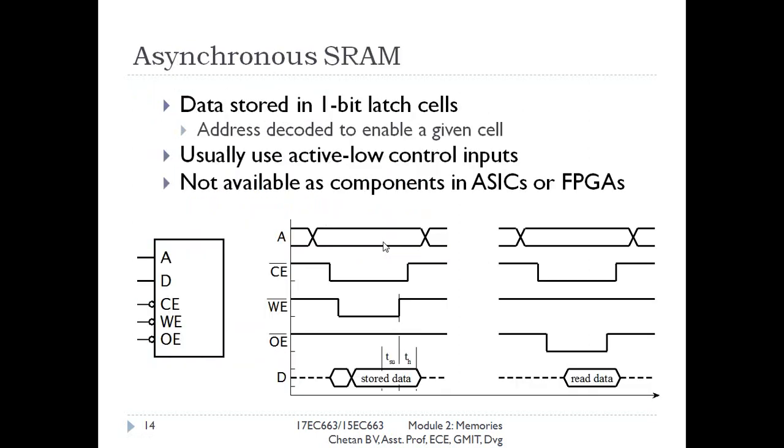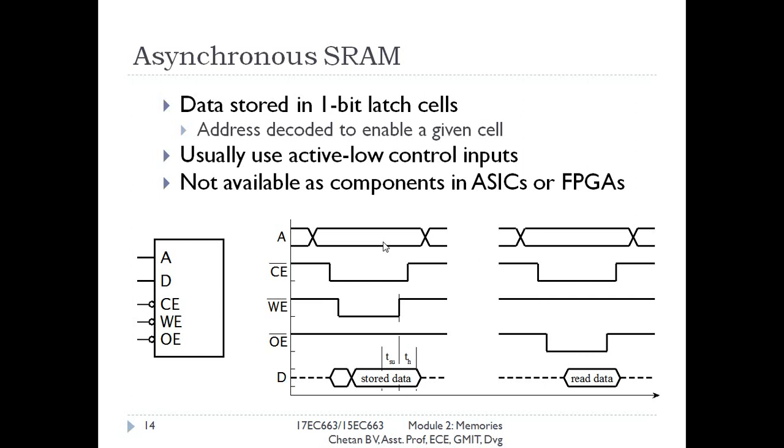First is asynchronous static RAM. As the name indicates, asynchronous static RAM doesn't depend on a clock. It will not work on a clock. The storage cells of this asynchronous static RAM are just like D-latch elements. Each element can store 1 bit.